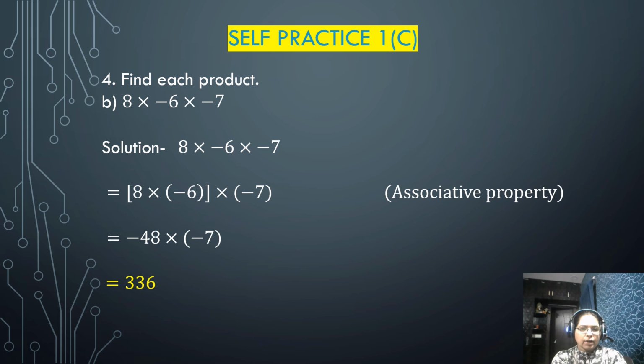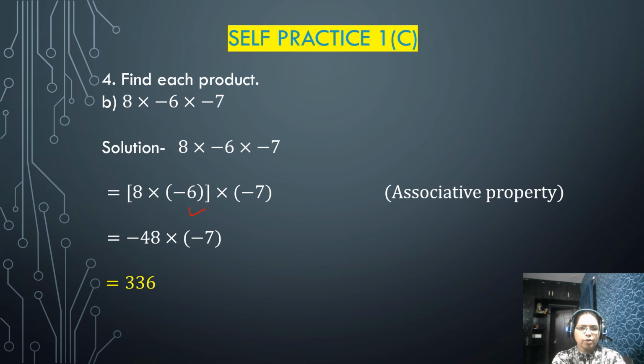Now B, 8 multiplied with minus 6 multiplied with minus 7. First we multiply 8 with minus 6, then we multiply the product with minus 7. That is the associative property of integers. 8 multiplied by minus 6, we get minus 48, as the multiplication of a positive integer and a negative integer gives a negative integer.